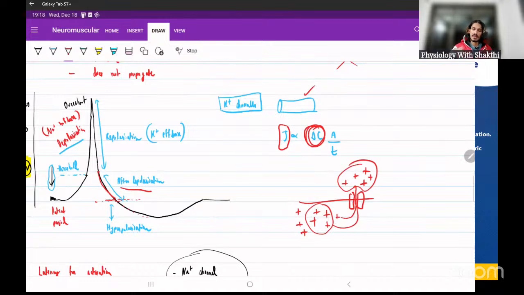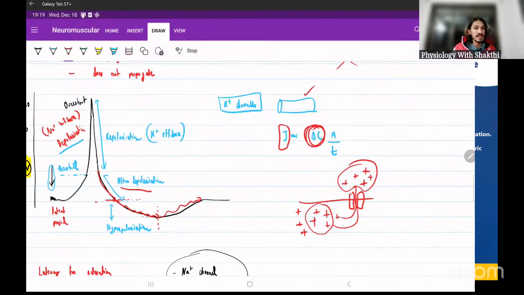Once it starts to realize, okay, we have reached our equilibrium potential, it's time to stop this. By the time the configurational changes stop all the potassium channels, it would have allowed more potassium to go outside, resulting in it being extra negative. And hence, it reaches here. And then, by your normal mechanisms of generation and maintenance of RMP, your RMP comes back.